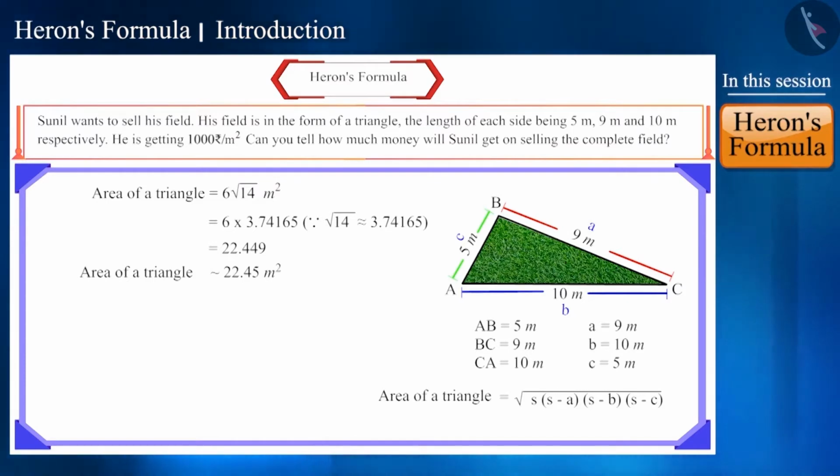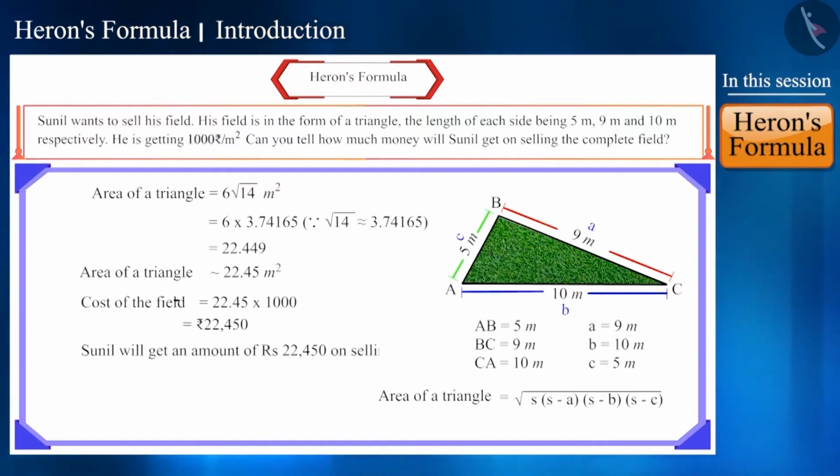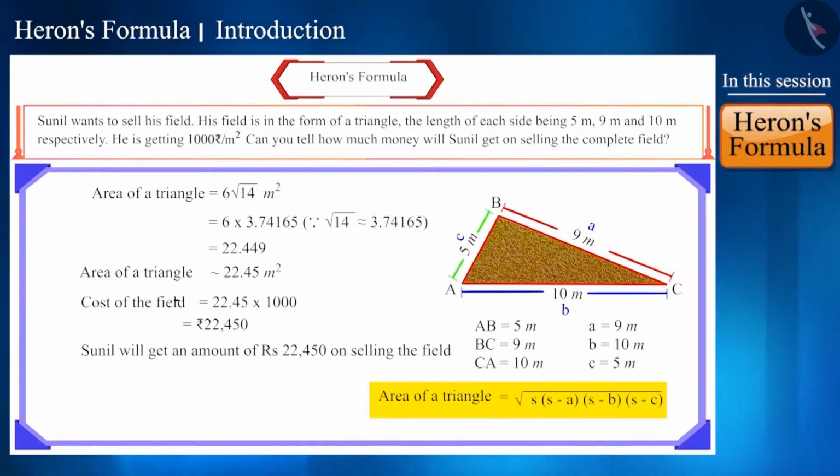We need to find the amount of money that Sunil will get on selling the field. For every square meter, Sunil gets rupees 1000. So for 22.45 square meters of field, he will get a total of 22,450 rupees. So friends, in this way, we can use Heron's formula to find the area of a triangle when we know the length of all its sides.